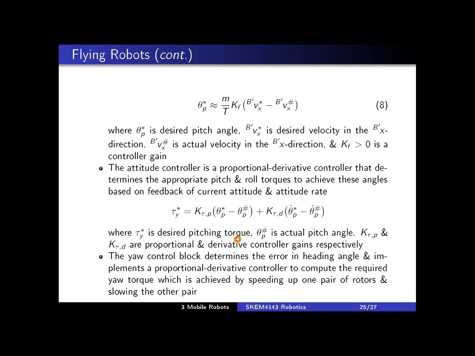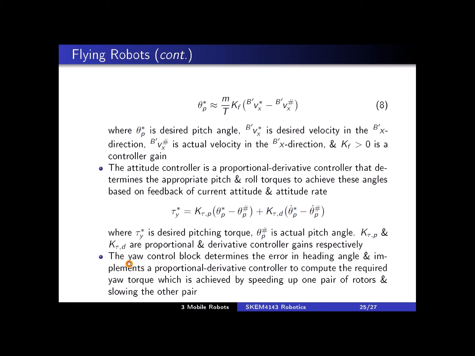But in the model, there will be another equation for desired rolling torque, tau x star, which uses theta r star and so on. And in this equation, first of all, k tau p and k tau d are the proportional and derivative controller gains. These are the actual pitch angle, and this is the actual rate of pitch angle, or the angular speed.